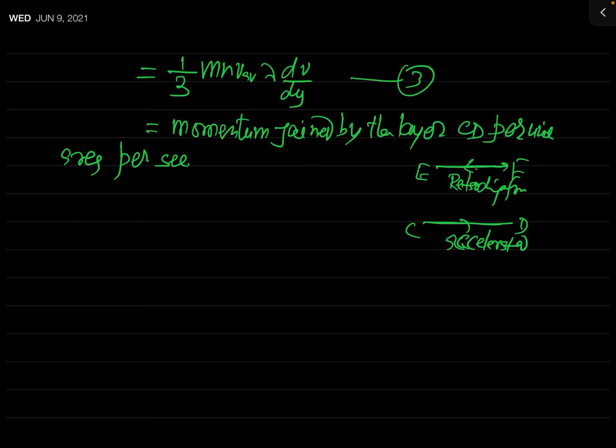You can see, as you know from the second law of motion, that force is simply the rate of change of momentum, and this lost momentum we have calculated in 1 second. So definitely the lost momentum or gained momentum per second per unit area will be simply equal to the retarding force, or the backward dragging force, or accelerating force acting on unit area.